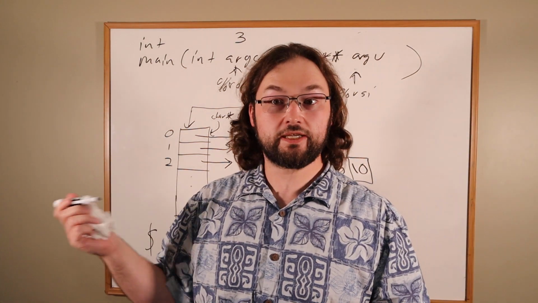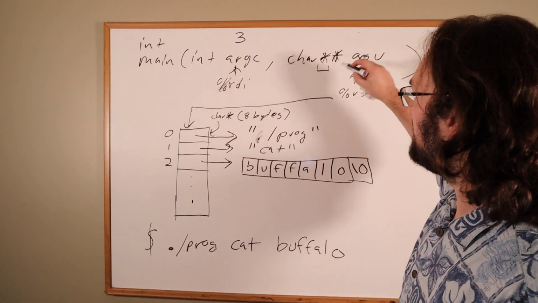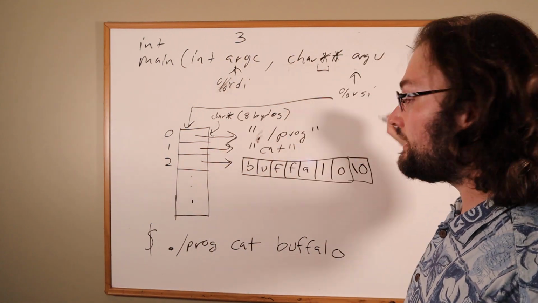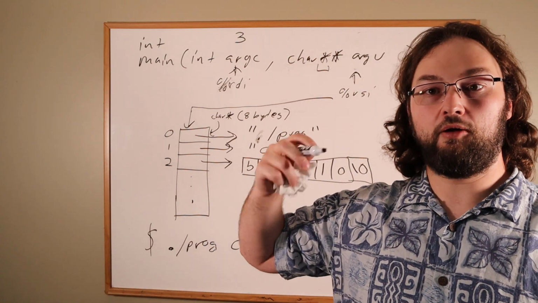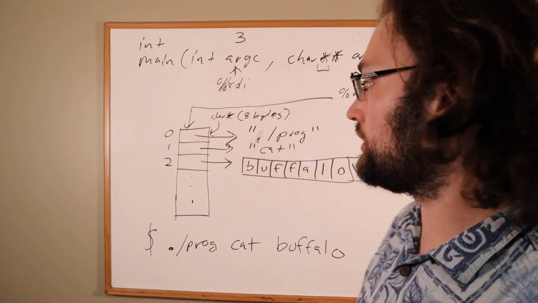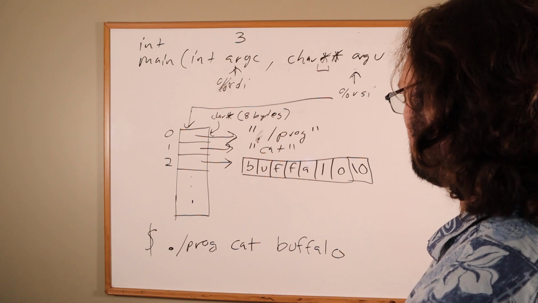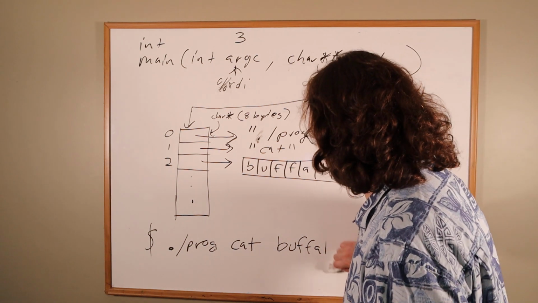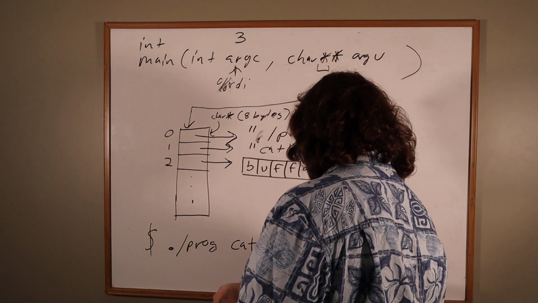Now, the reason why I'm talking about this in relation to the stack is because all of this contents is actually allocated on the stack above where we start execution of our program. So if we actually looked at our stack here, so actually let me keep that and erase everything else.